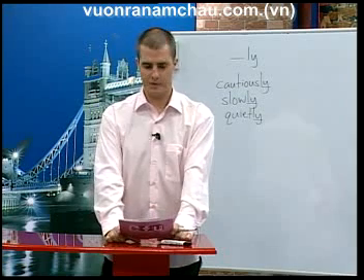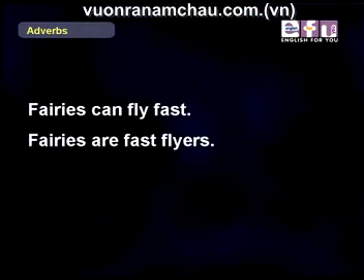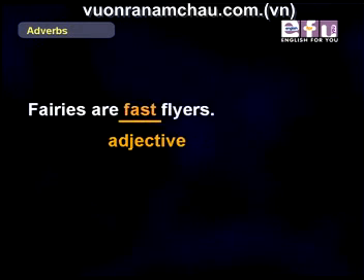Have a look at these examples. Fairies can fly fast. Fairies are fast flyers. Now, fast is an adverb in the first sentence. It's modifying the verb to fly. And in the second sentence, fast is an adjective. It describes the noun flyers.